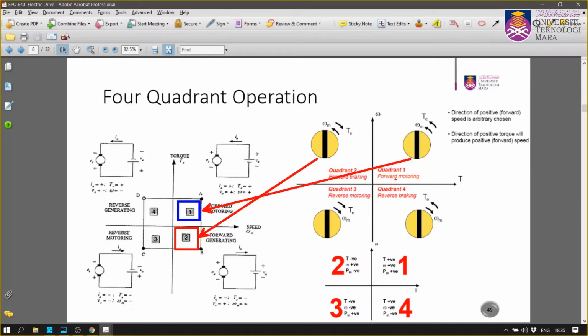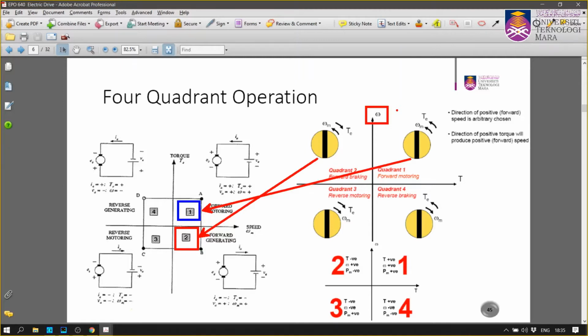Right. So this is the condition of positive speed. If you look closely, this is where you have a positive speed. For the first quadrant and second, we have a positive speed.